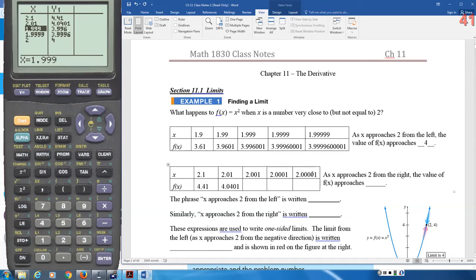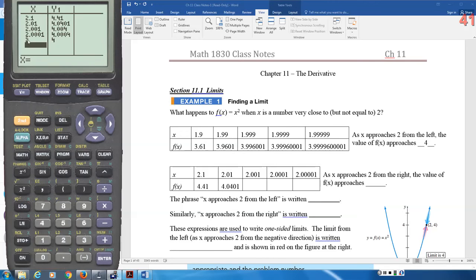And then the same thing for 2.001, 2.0001, and 2.00001.